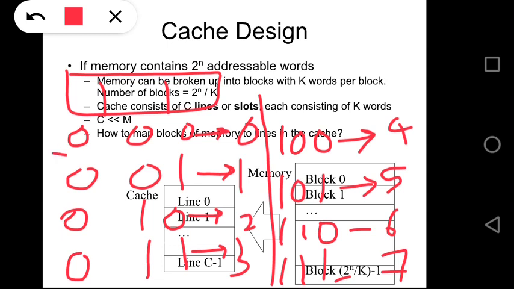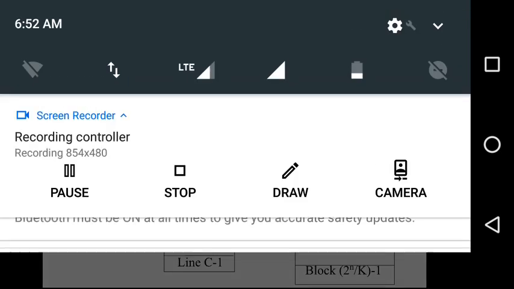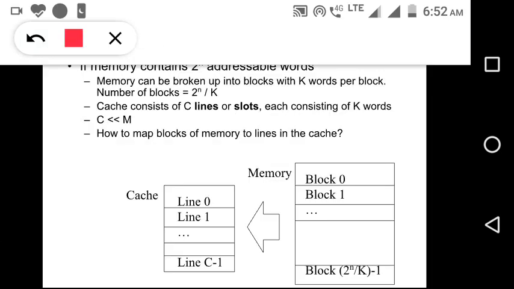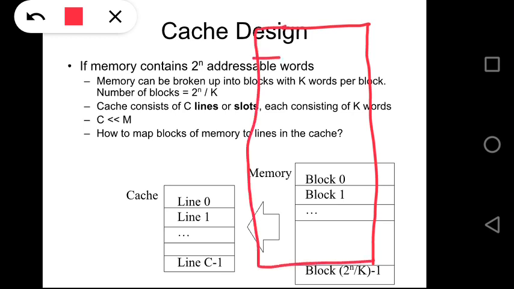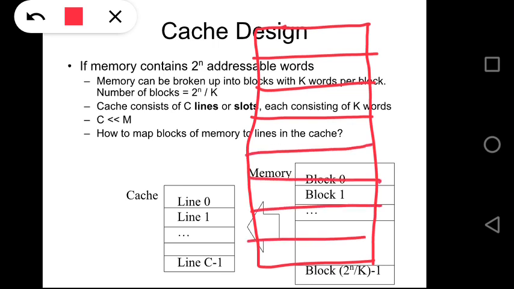See, this is the address of the first memory word. Let me explain. If this is my main memory, with locations 0, 1, 2, 3, 4, 5, 6, 7, then 000 is the address.